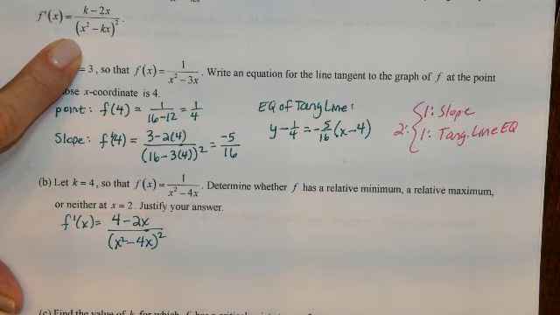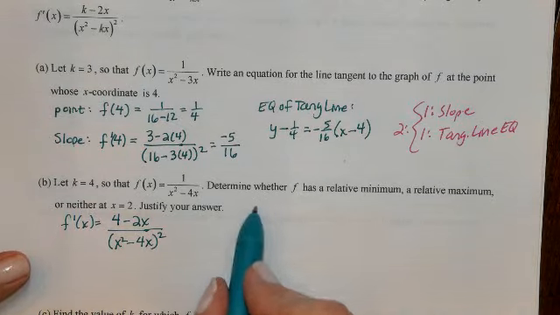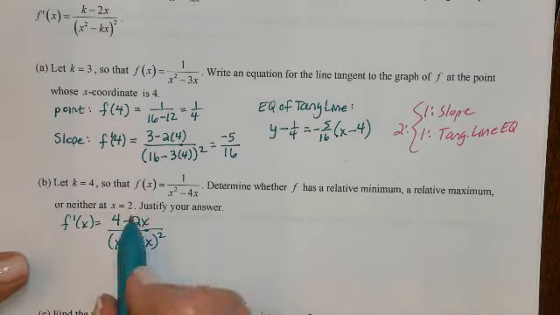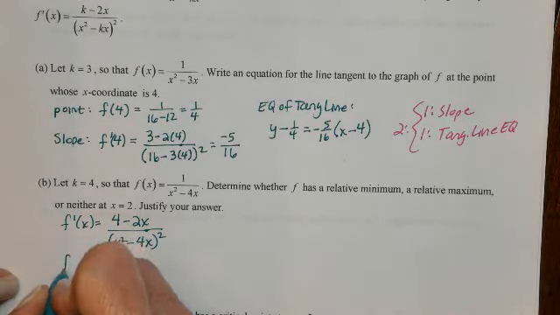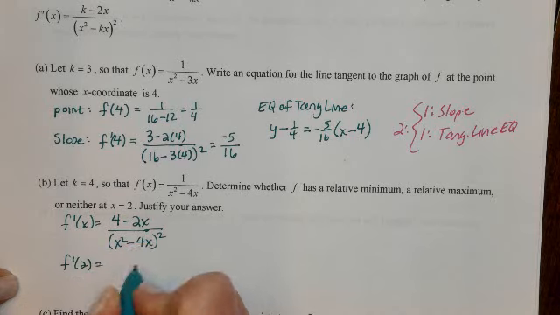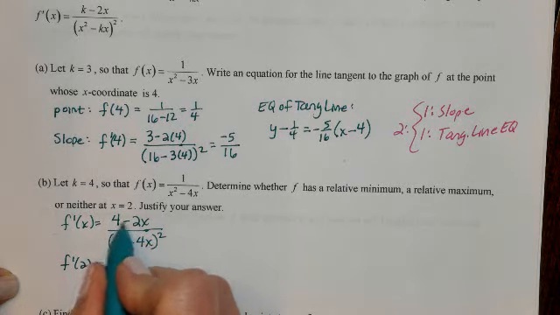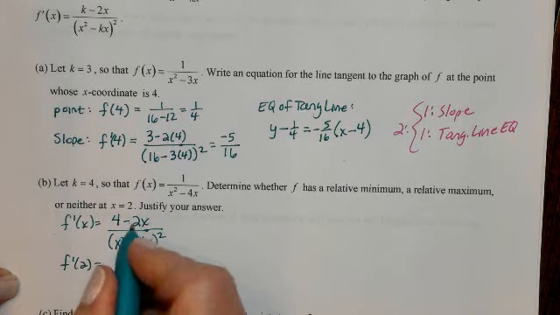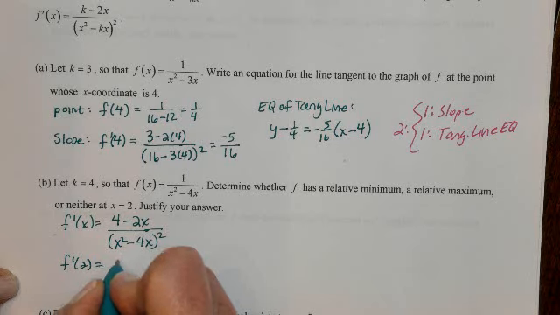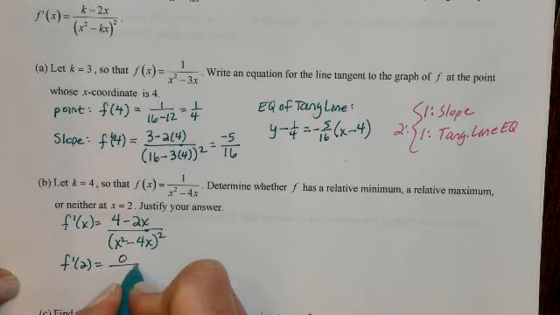Okay? So I'm trying to determine whether f has a relative min, max, or neither at x equals 2. So let's find f prime at 2. On the top we're going to have 0, so that'll be 0 over.